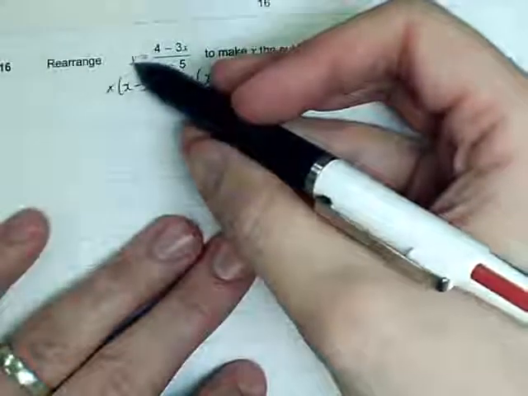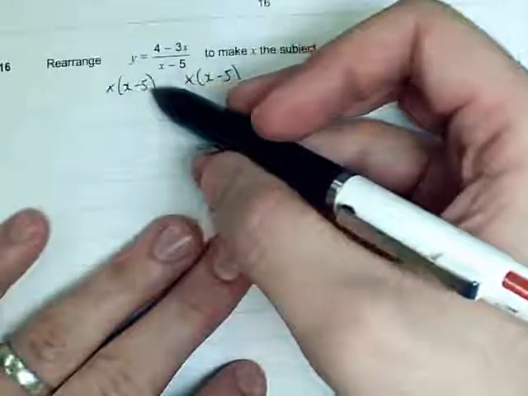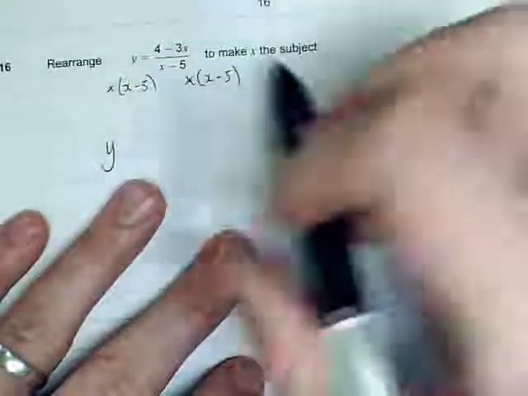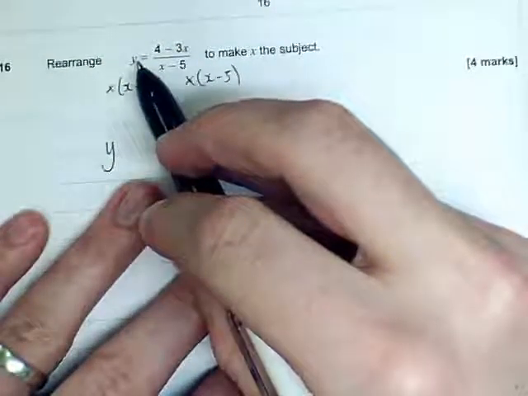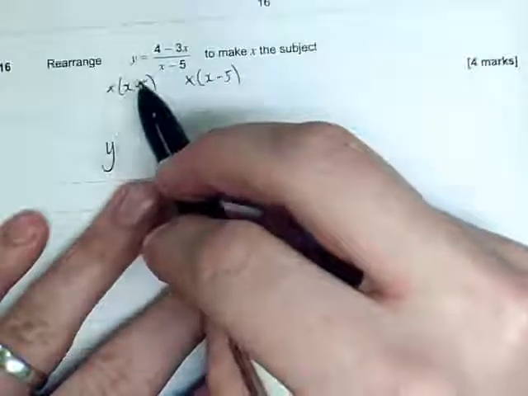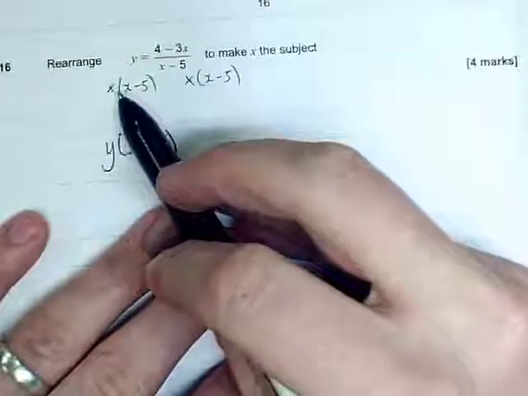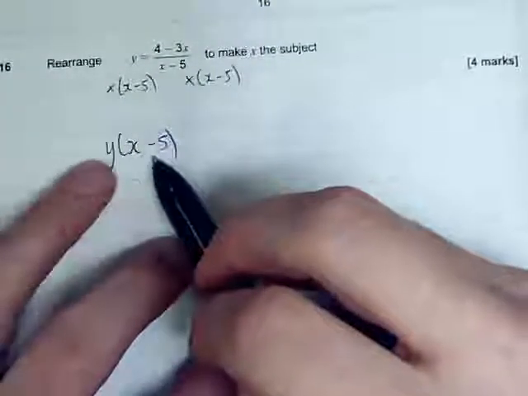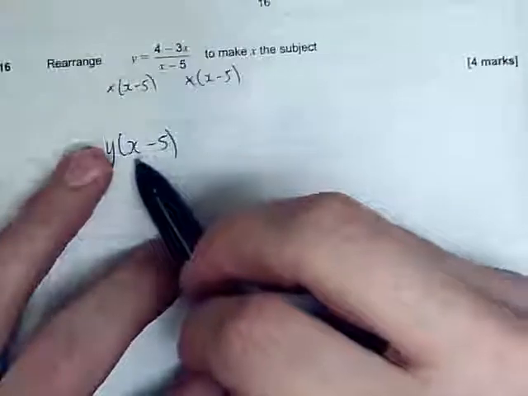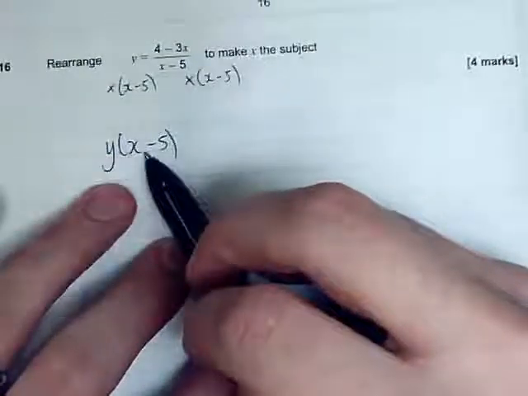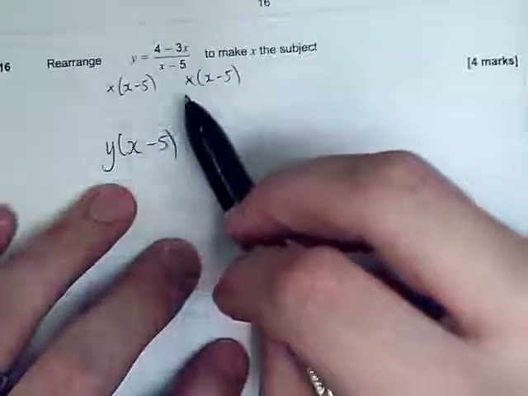So I have y brackets x minus 5. I write down the y first because y was there first, and then I multiply it by x minus 5. Notice the times sign has disappeared because I know when I'm using algebra, two things next to each other mean multiply.